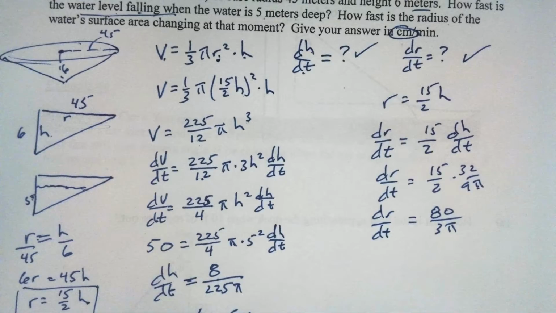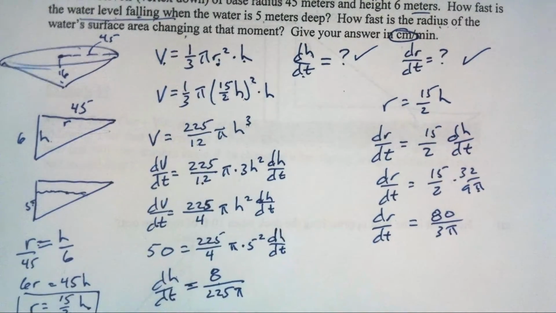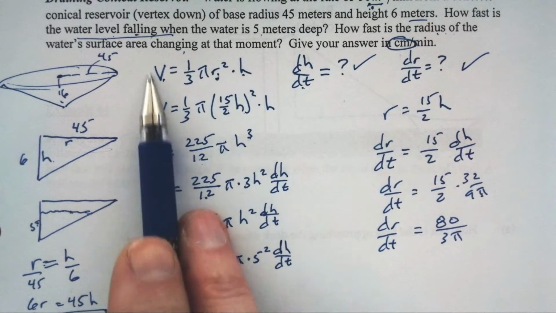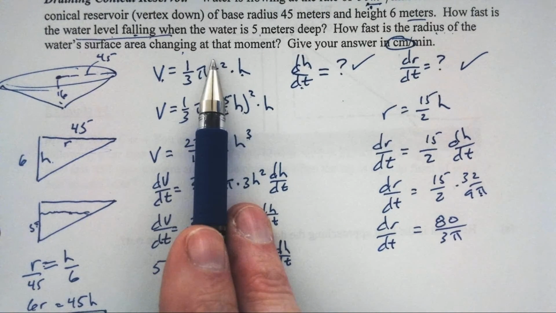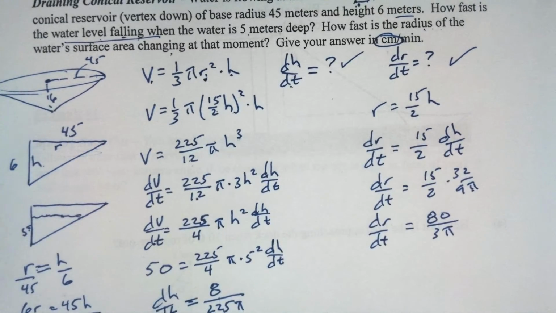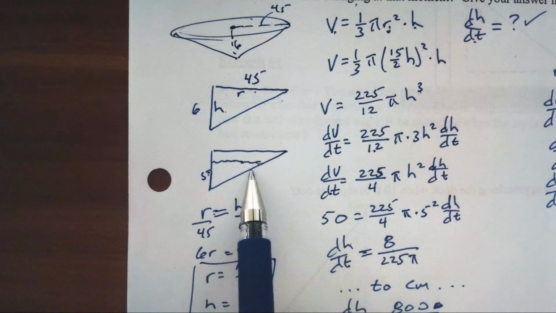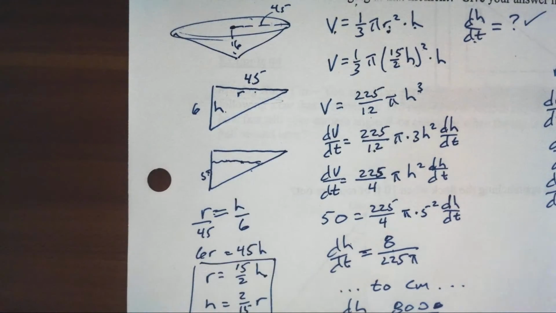Let's answer the question. How fast is the radius changing? Okay, now they said the water level falling. They didn't say the radius decreasing. They said the radius changing. So is the radius getting bigger or smaller as the water drains? Well, clearly the radius is getting smaller.